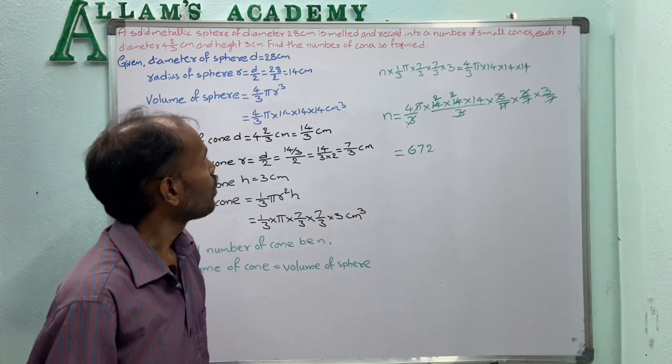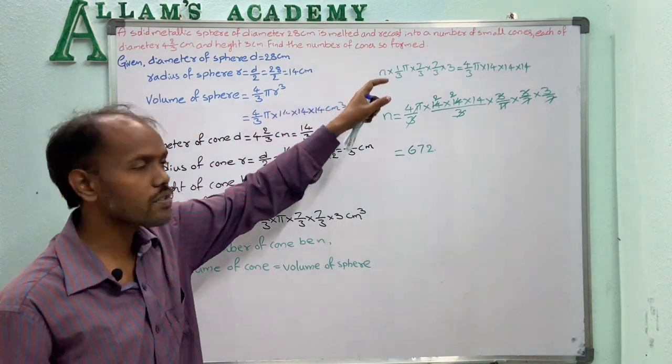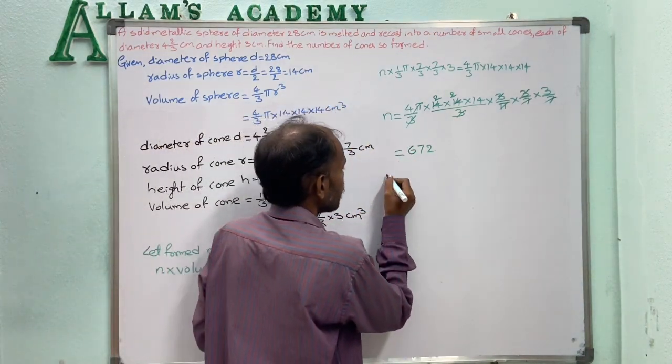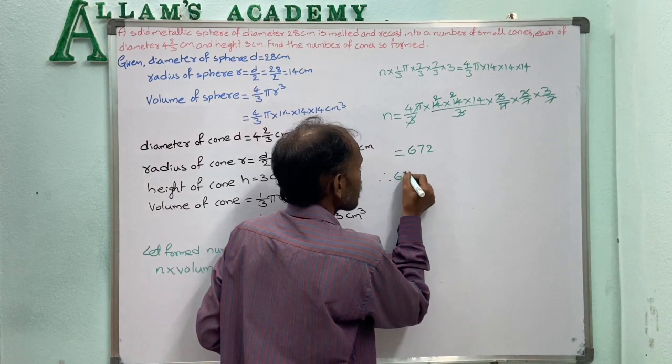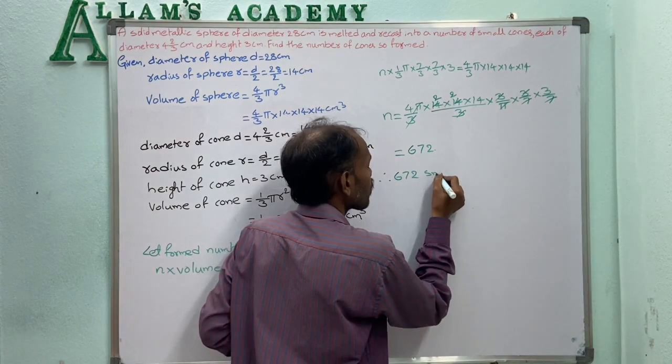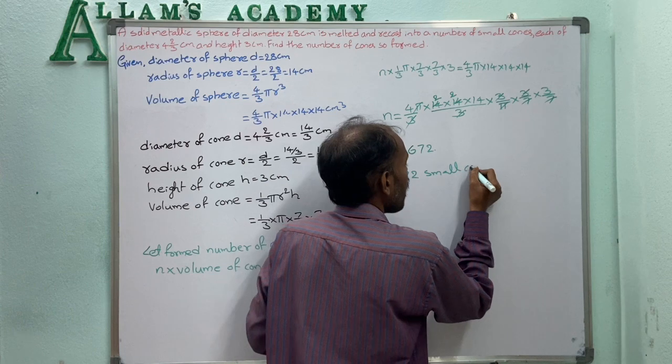So the number of cones formed is 672, therefore 672 small cones are formed.